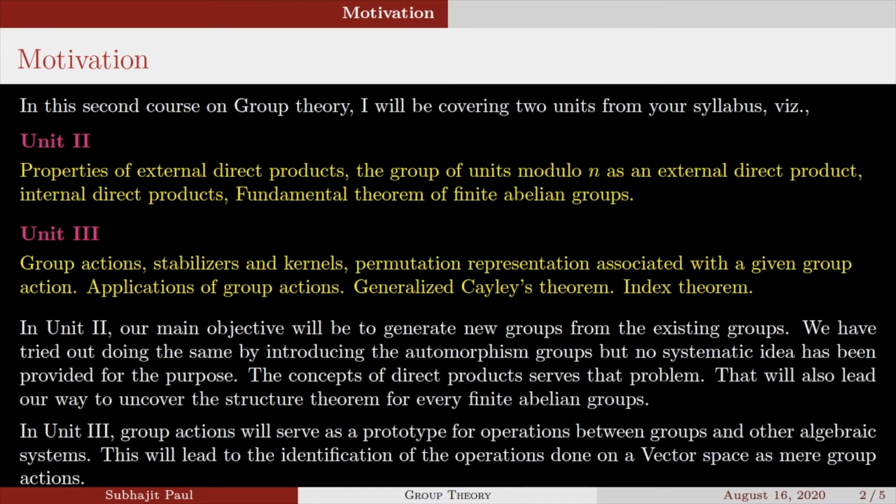Okay, so you can identify the operations on a vector space as group actions, and that we will study in third unit. Now let's jump into the second unit, direct products, and we start with external direct products.